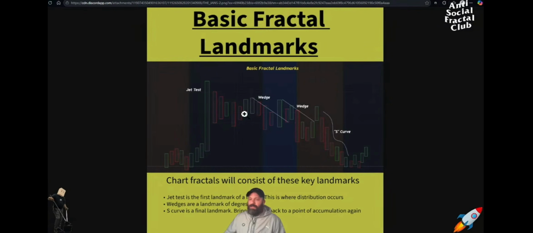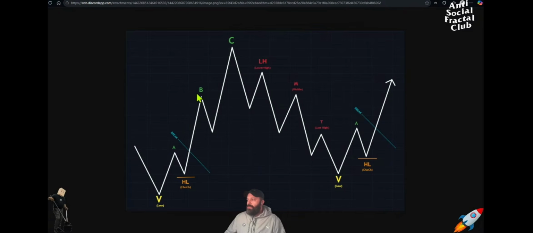This is the basic fractal landmarks model. It just shows that every iteration starts with a jet test, and then you have these points of distribution that bring you back to a point of accumulation again. Here's a couple of the terms that we use. The anatomy of a jet test is A, B, and C iterations.